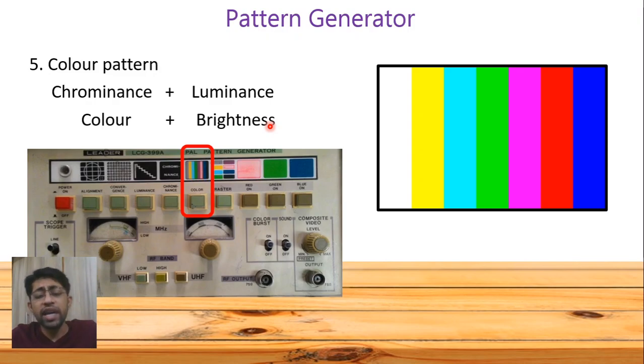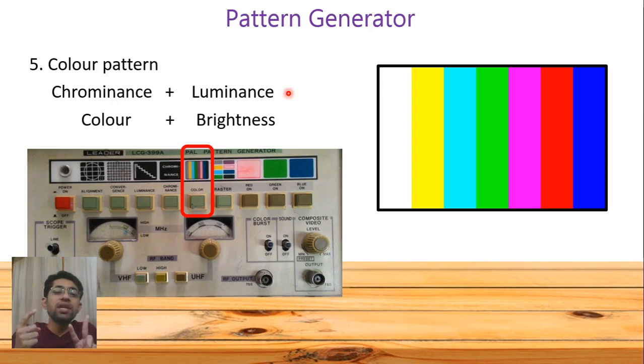As I told you, there is a difference between the chrominance pattern, or pure color pattern, and the color pattern. Color is nothing but a combination of chrominance plus luminance, because in color TV transmission, the transmitter transmits two things: brightness and color.